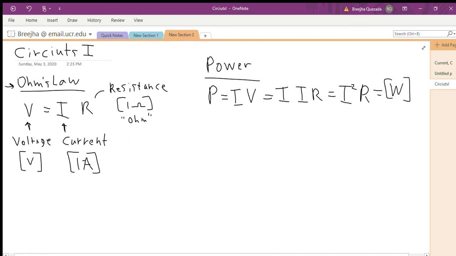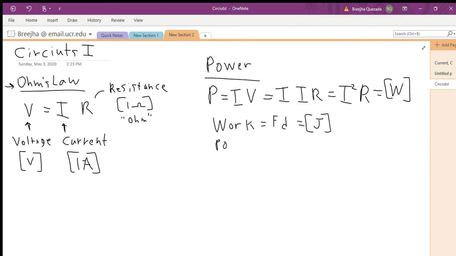So this requires a little bit of background knowledge or remembering from Physics 40A when we did work, right? Work is equal to force times distance, and that's in units of joules. Well, power from that class was equal to force times velocity, or force times distance over seconds, or t, I guess, in this case.